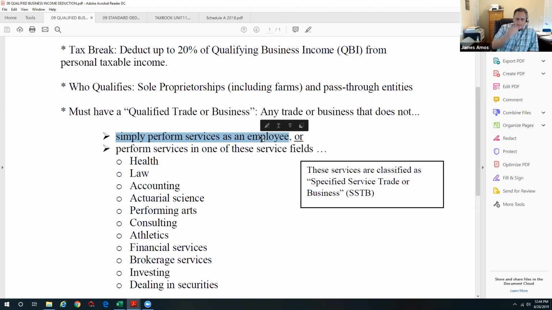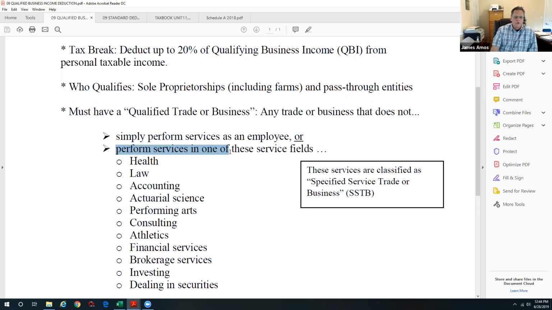The reason they have this in here is there are some businesses that sometimes end up in an employee relationship. But this is commonsensical. If all you're doing is performing services as an employee, you're an employee. You're not self-employed, and this doesn't apply.